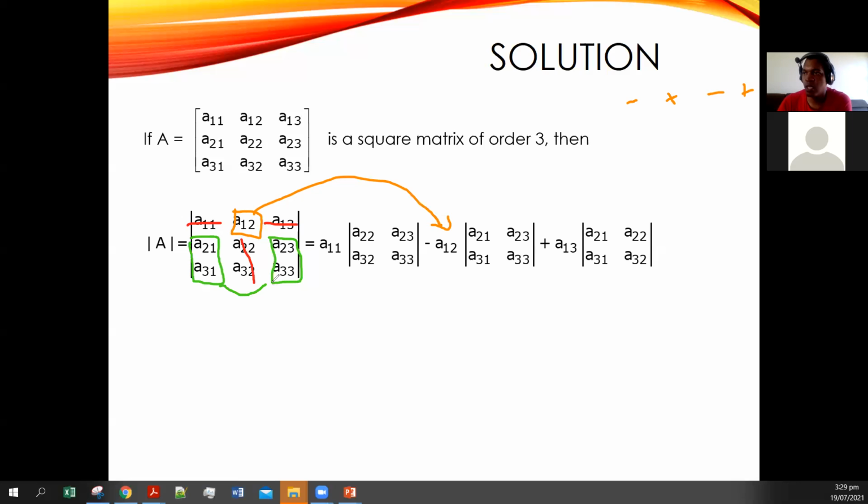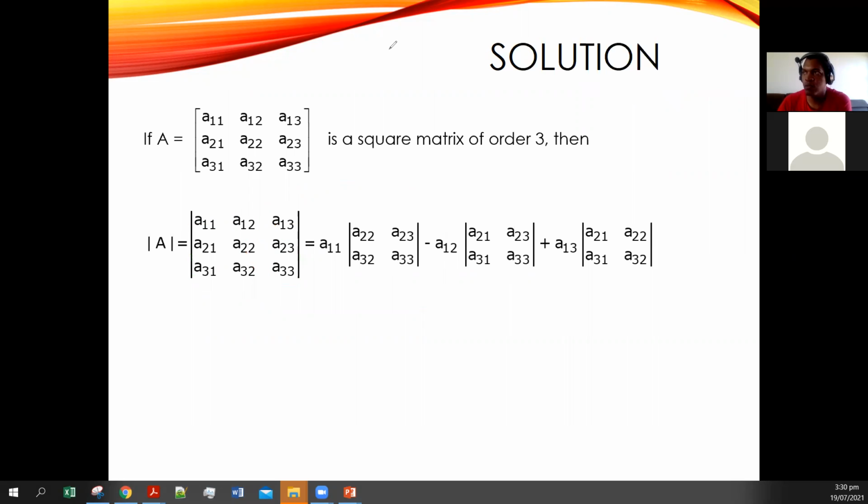So these two together, we make it one matrix, and we bring it into that side. So you will see A21 is there, A31 is there, A23, A33. And that is what we have over there. So we are basically changing this 3 by 3 into a 2 by 2 type of matrix so that we can get a determinant faster. So that one is done.